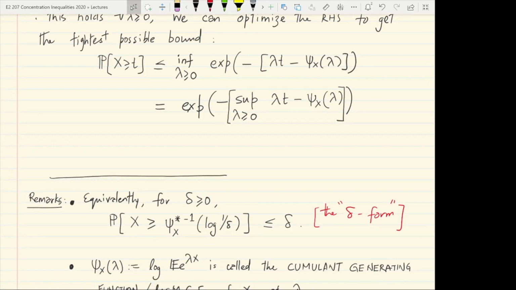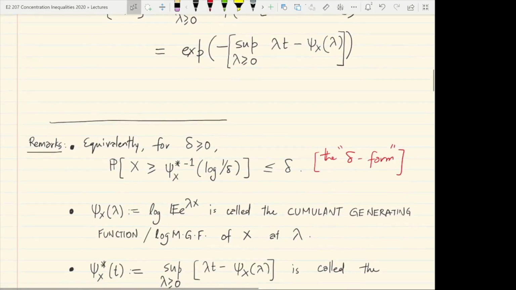So you get what looks like an exponentially decaying tail bound for the probability of x exceeding a level t, which has the interesting property that the bound itself is the solution to an optimization problem. What's in the exponent is the solution to an optimization problem, which we will denote as Cx star as a function of t. Note that lambda is no longer an argument of Cx star because it has been optimized out.